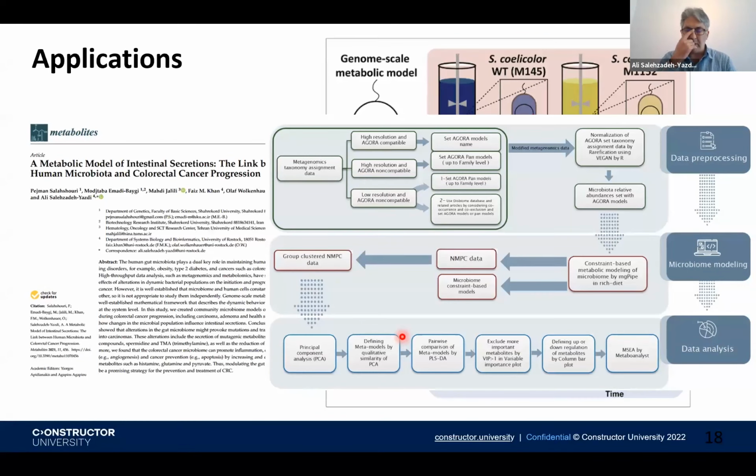It was something else that we discovered in this study. Plus this, we showed that at the later stage, the microbiome can promote inflammation, for example, by producing a lot of H2S or NO. For sure, this study needs to be validated, but I believe it could be a hint for the experimentalists to follow our finding and see whether in reality there are such changes in real patients or not.